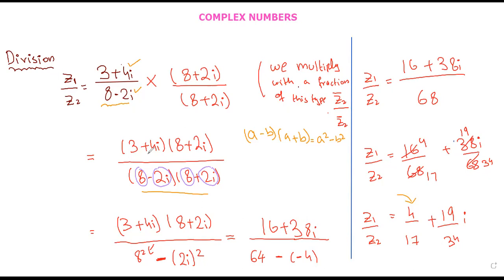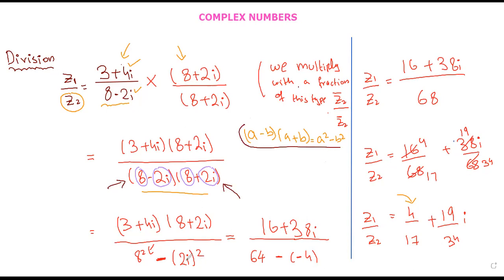You multiply this fraction with another fraction whose numerator and denominator are the same: the conjugate of this denominator. Why? Just so we get this type of form, and we use this. And finally, what is the advantage of this?